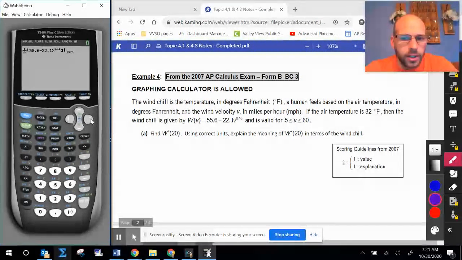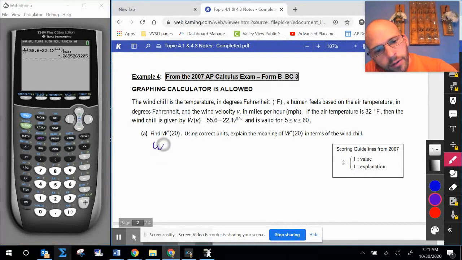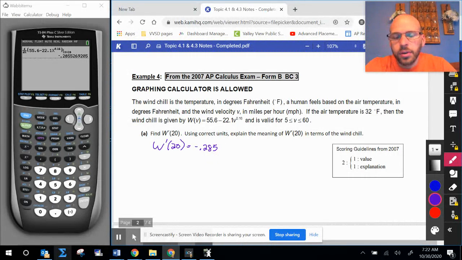And I want that derivative when x is 20. Okay, so you can see how I typed it in. So the very first thing that I'm going to write is W prime of 20 equals negative 0.285. We're just going to terminate that decimal at 3 decimal places. You don't need to round it.